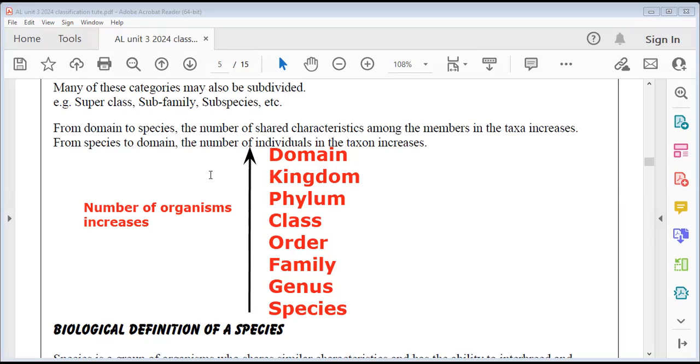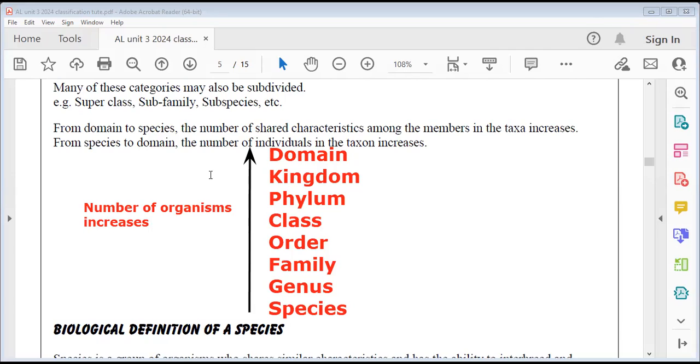Compared to a genus, in a family, because several genera make a family, correct? Simply compare: compared to a house, in a village there will be more people.